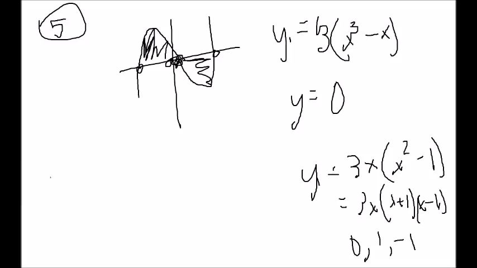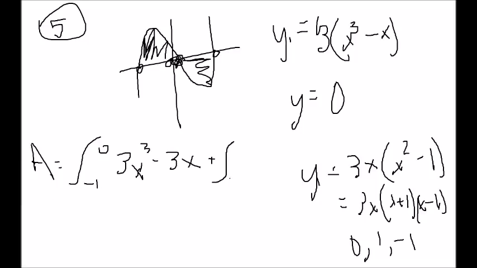So now we have everything we need, and the area is going to be the integral from negative 1 to 0 of the top function, which is 3x cubed minus 3x, and then minus 0 because that's the x-axis, and then plus the integral from 0 to 1 of 0 minus our function, which is going to be negative 3x cubed plus 3x.